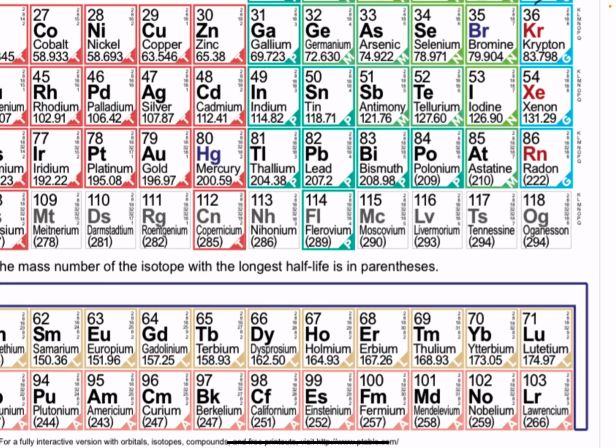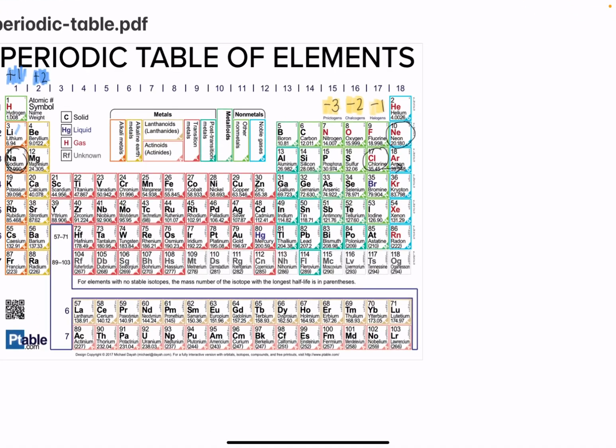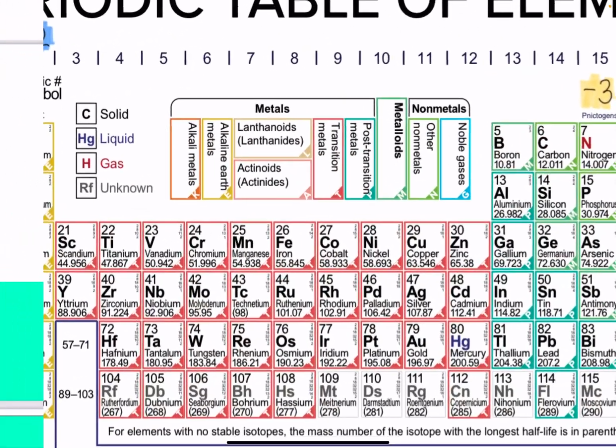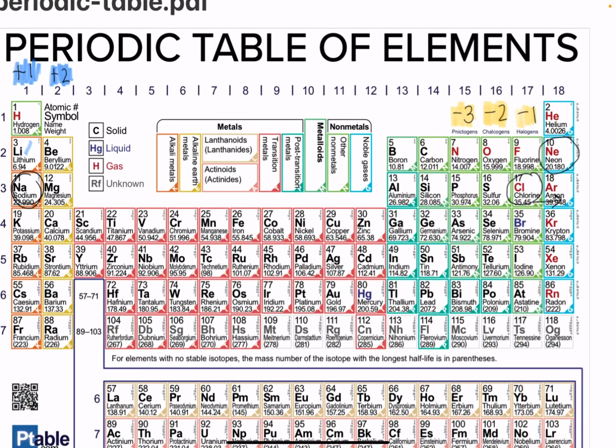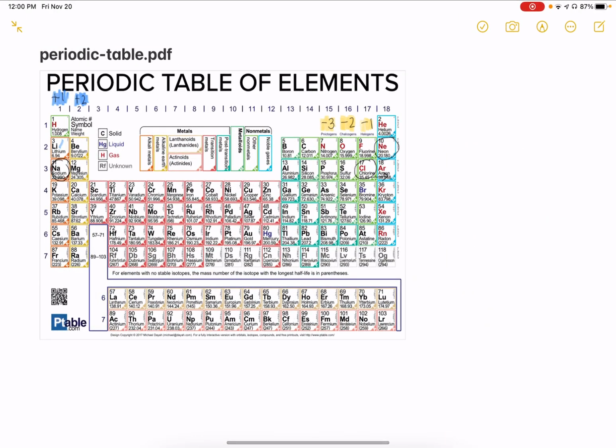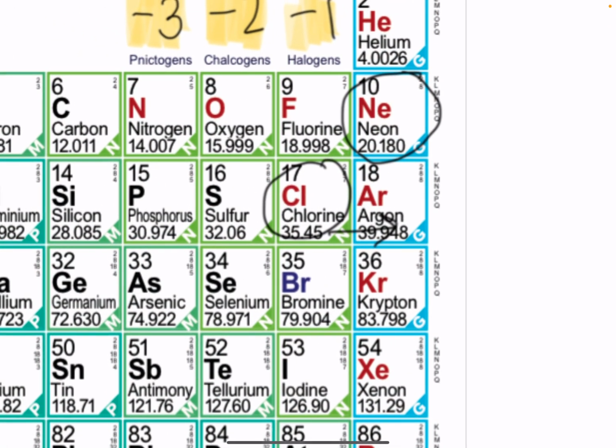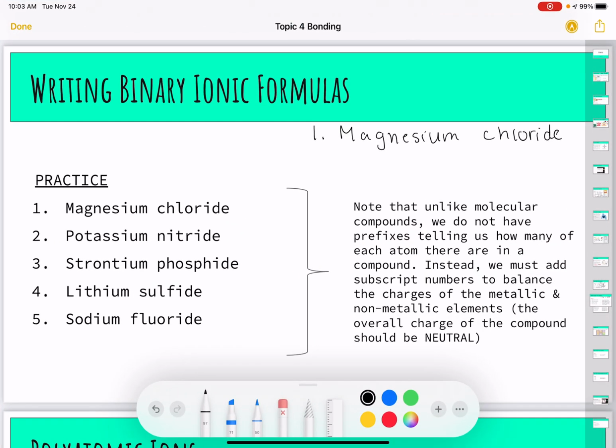We just did magnesium in the last question, I believe. Magnesium is number 12 on the periodic table, and it's Mg. And chloride is over number 17, and that's Cl. So I'm going to write Mg, and I'm going to write Cl. I shouldn't have written them that far away from each other.